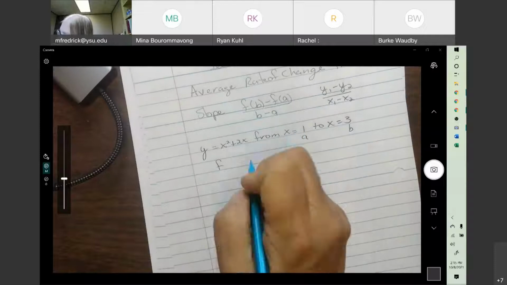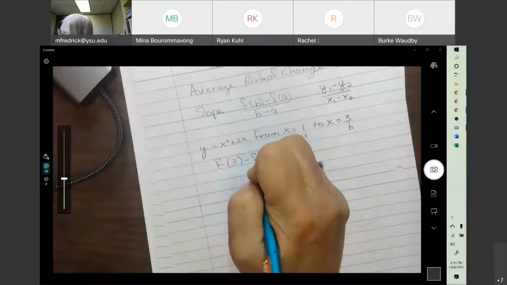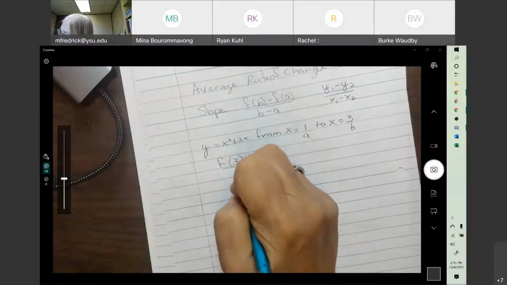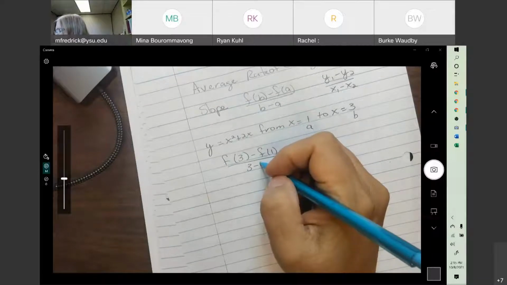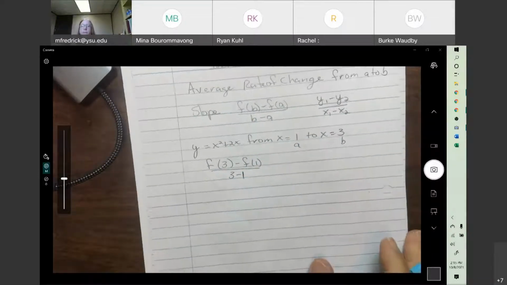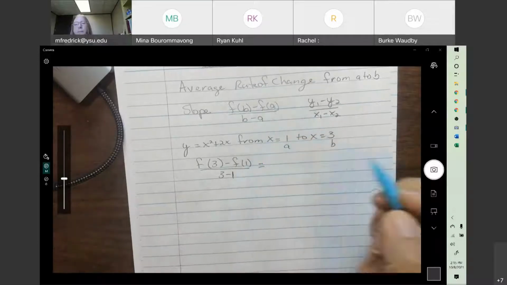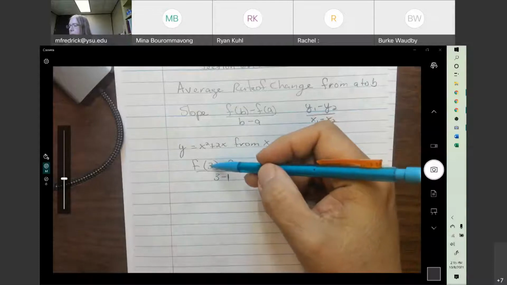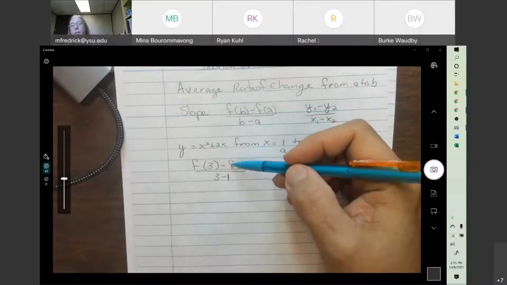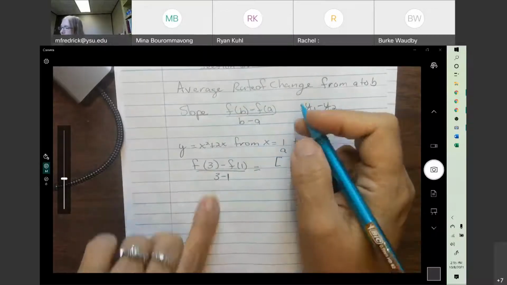So it's f of 3 minus f of 1 over 3 minus 1. Now we're plugging in 3 into the equation and then 1. You can write them out. We plugged in 3.